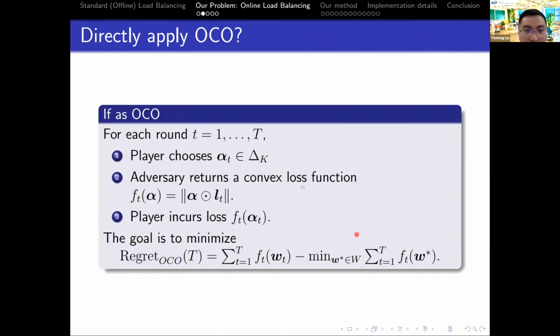In this way, each round the player first chooses the distribution alpha, and then the adversary returns a convex function defined as alpha dot L with respect to any norm, and this is the loss incurred by the player, and our goal is to minimize the regret. Why can't we use that directly? Unfortunately, the answer is no.